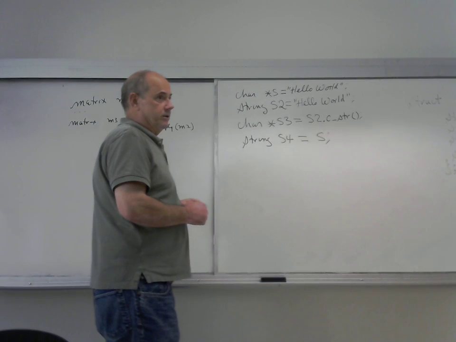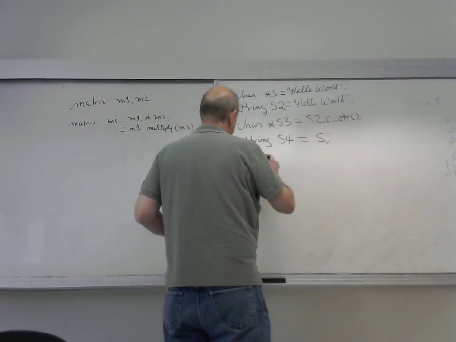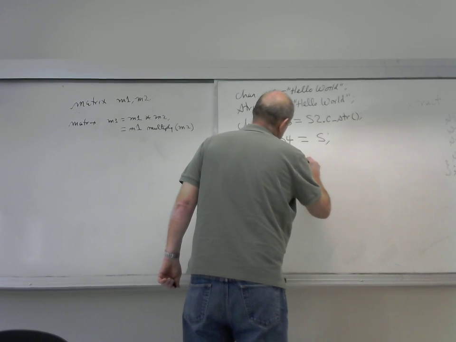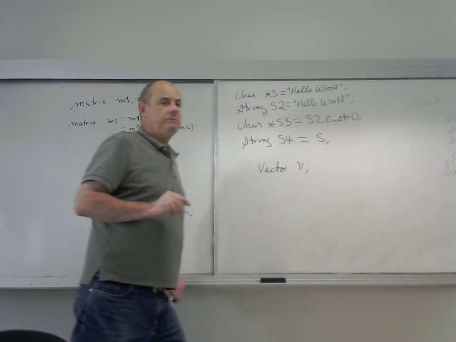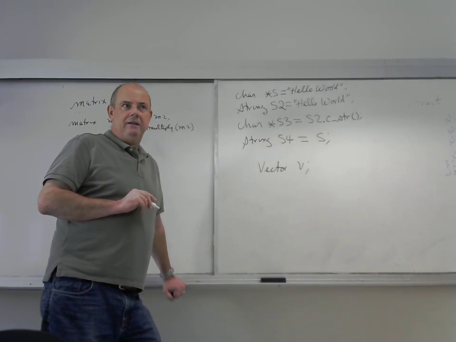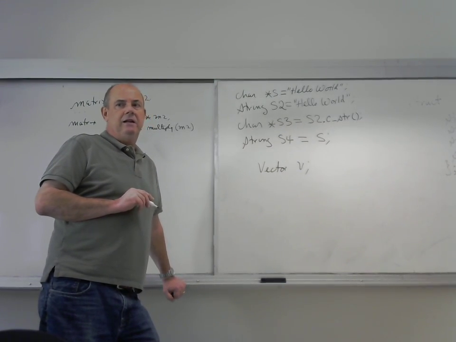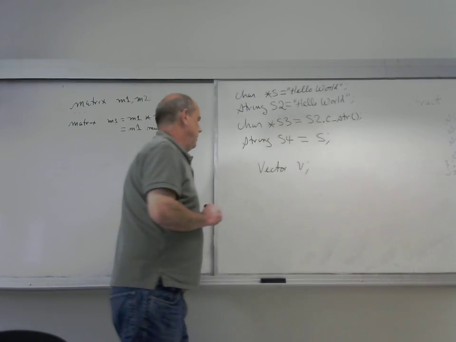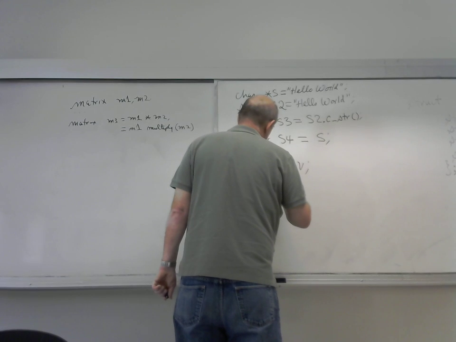Similarly with vectors. With vectors, suppose I have vector B. I said be careful, make sure you use pushback to insert things in the tail end of the vector. If you tack them on the end, you're not going to have any problems. But what if I do this?